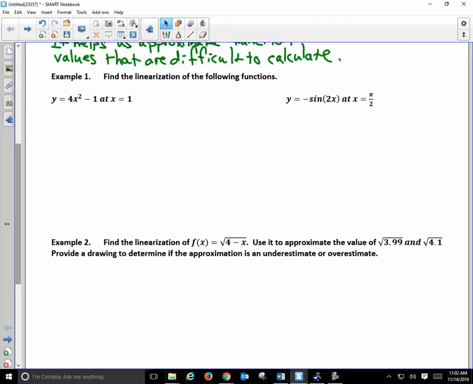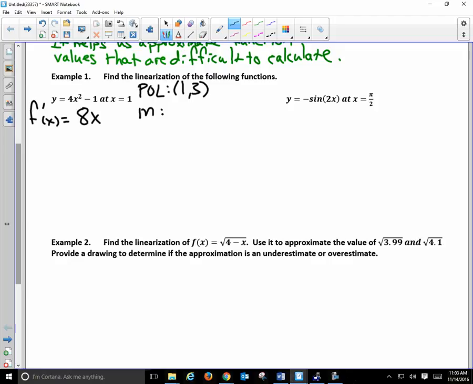So we're going to find the linearization, which just means the equation for the tangent line, of 4x squared minus 1 at x equals 1. And so we're going to need a point on our line, which is 1, and then what's the y value going to be? 3. And then we need slope. In order to find slope, we need to find f prime of x, or y prime. What is the derivative? 8x.